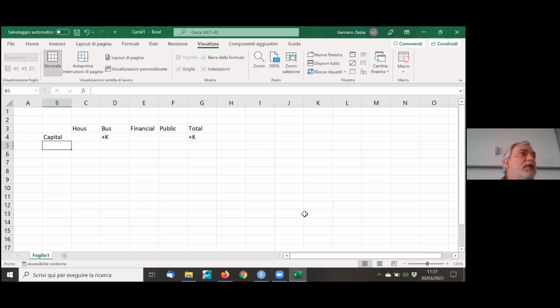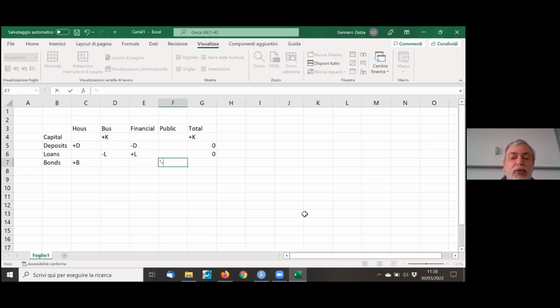So should we have loans, deposits, and bonds, and that's it? So we can say deposits are taken by households, loans, let's say, are only taken by business, and bonds are, say, only held by households.